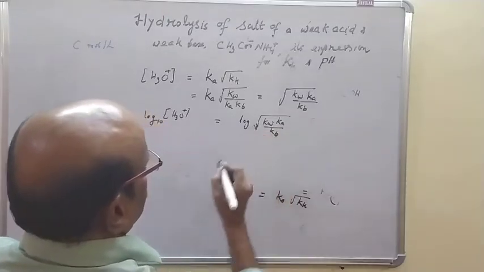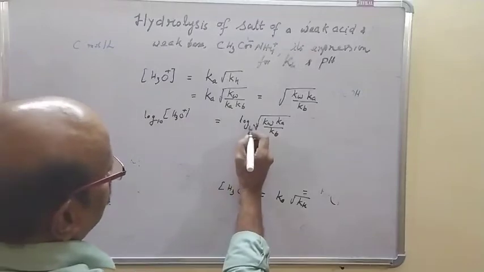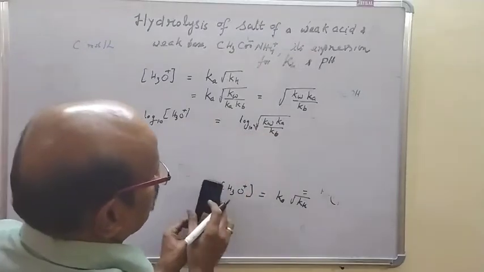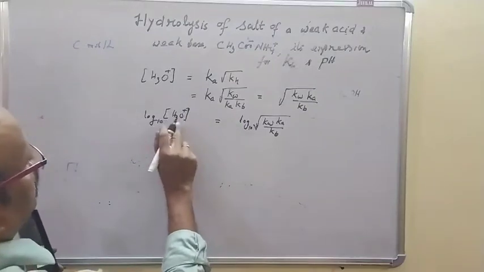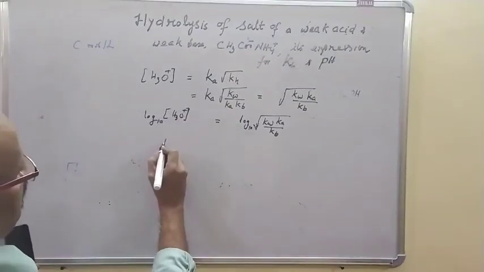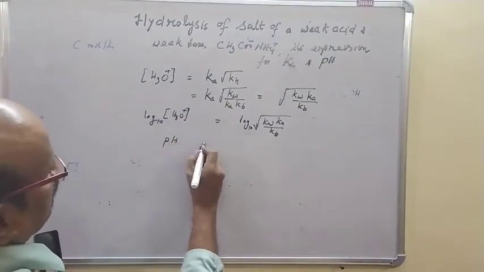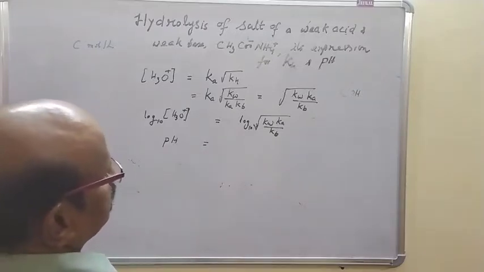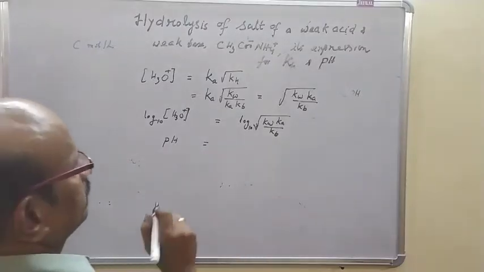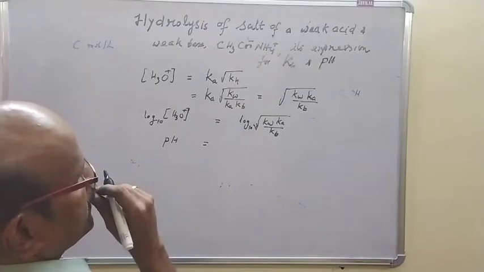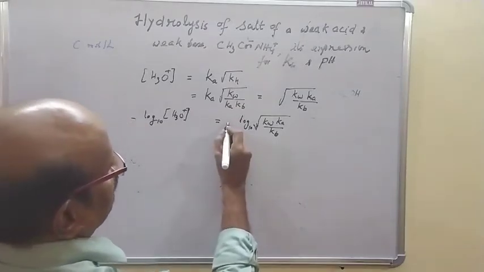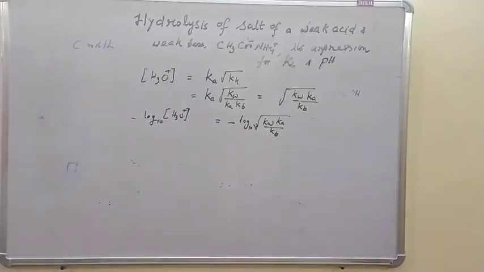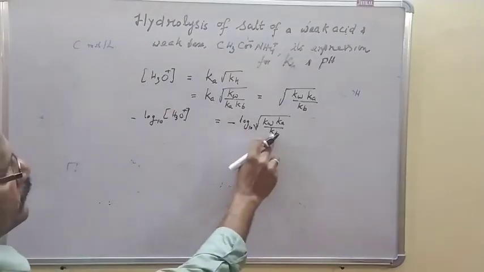The logarithm of H3O plus to the base 10 is pH. That is, pH is equal to, taking minus logarithm on the left and right side.